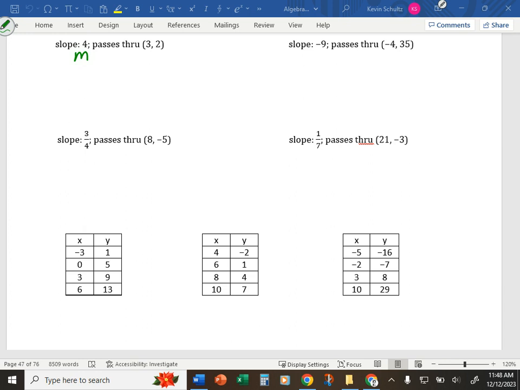If I don't give you b, that means we have to solve for b, which is why it's important to remember that in slope-intercept form, y and x represent the y and x values of any ordered pair on the line. If our line passes through 3, 2, it means that 3, 2 is on the line, which means that 3 is our value for x and 2 is our value for y.